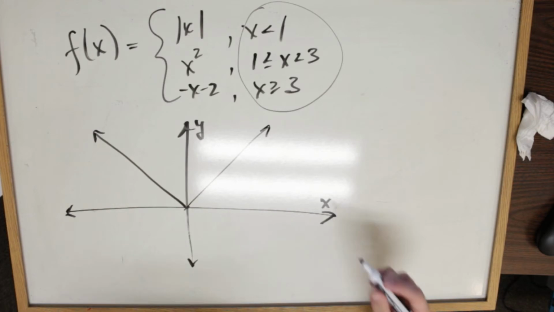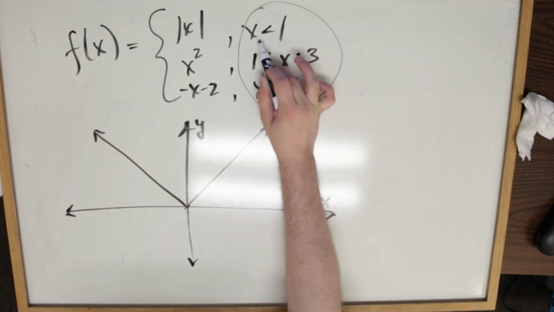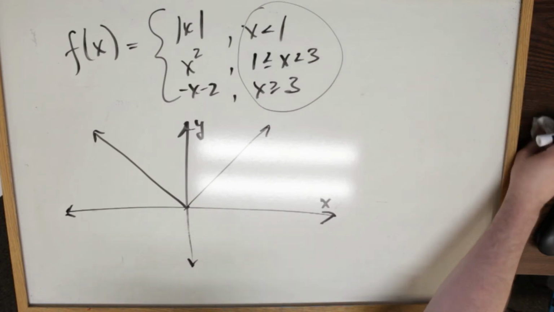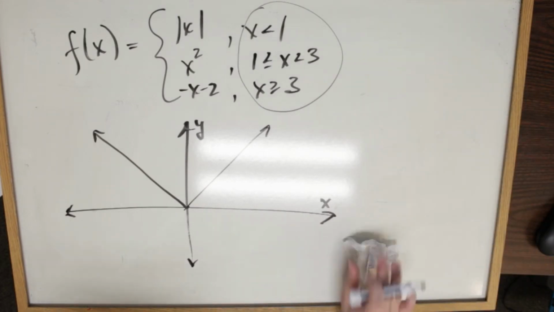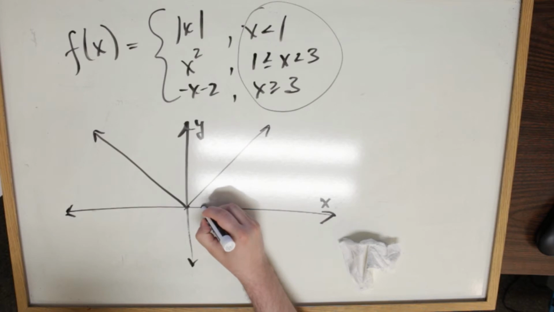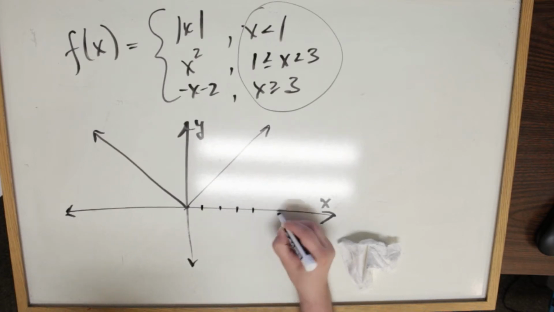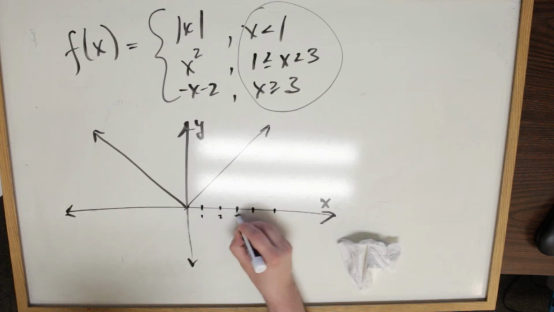Now, I need to look specifically at what they give me in terms of the restriction. So they say x less than 1. I need to put a scale in here: 1, 2, 3, 4, 5.